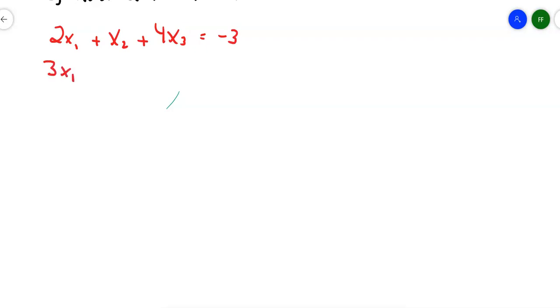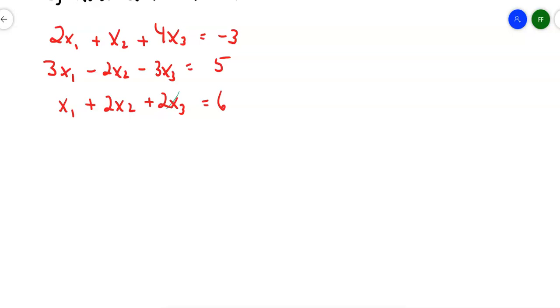I've got 3x sub 1 minus 2x sub 2 minus 3x sub 3 equals 5. And then down here I've got x sub 1 plus 2x sub 2 plus 2x sub 3 equals 6. And I would like to solve this.